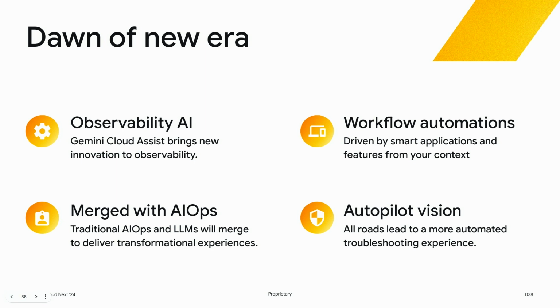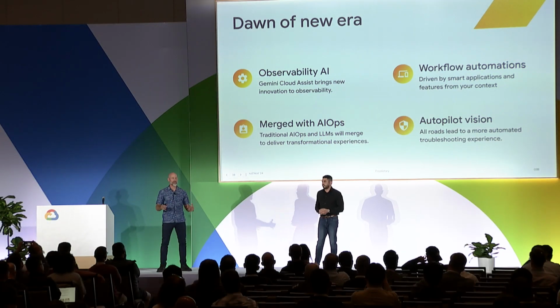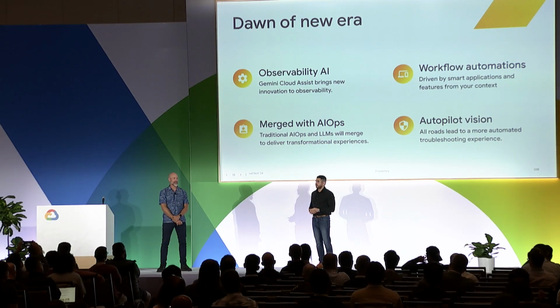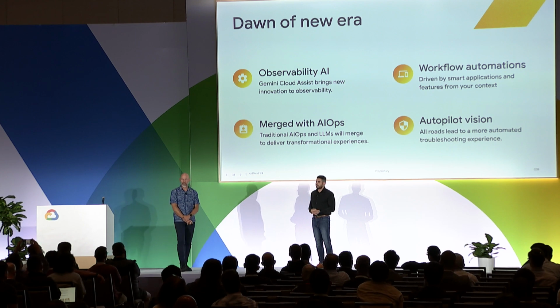Overall, right, what you're seeing is there's lots of innovation coming to observability. It's a new kind of observability AI, and you're going to see that merge with traditional AIOps and build on top of what's been done in that space as well. In addition to that, some of this idea of going to this layer 3, bringing in automation workflows, finding and sort of guiding you through playbooks and diagnostics.